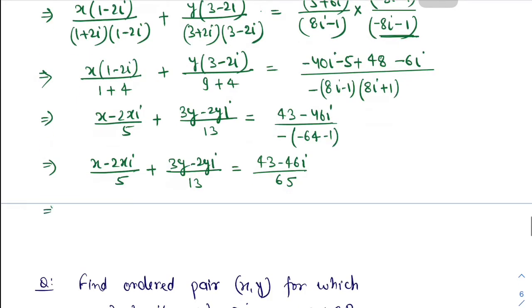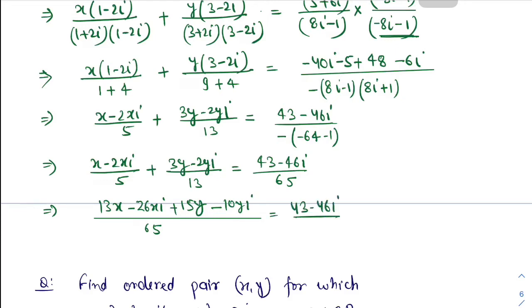Okay, 65 will be the LCM. It will be 13x minus 26x iota plus 15y and minus 10y iota is equal to 43 minus 46 iota upon 65.